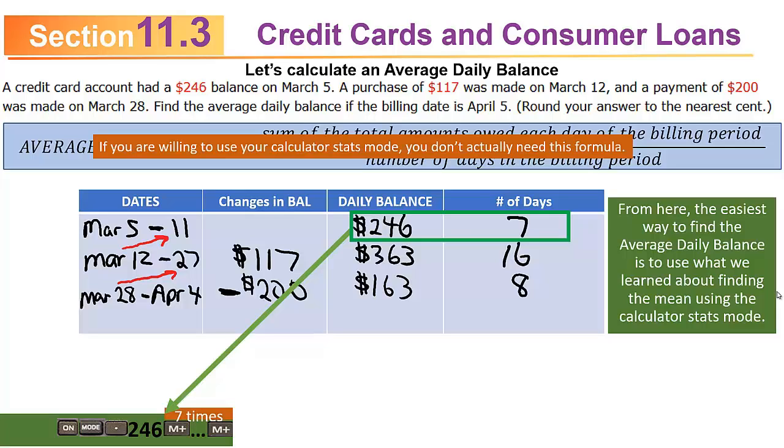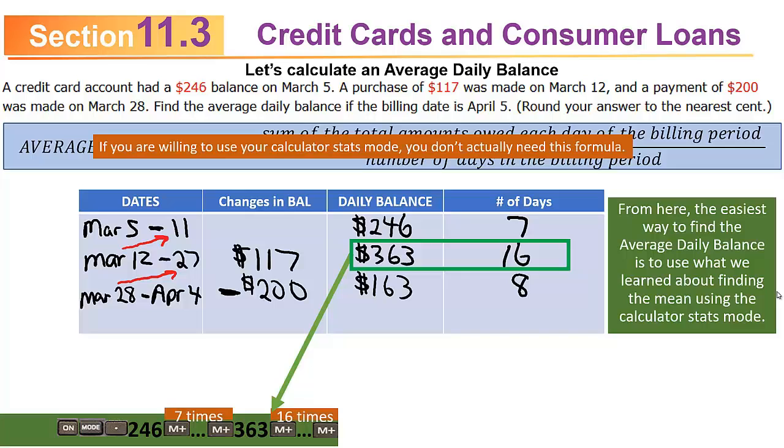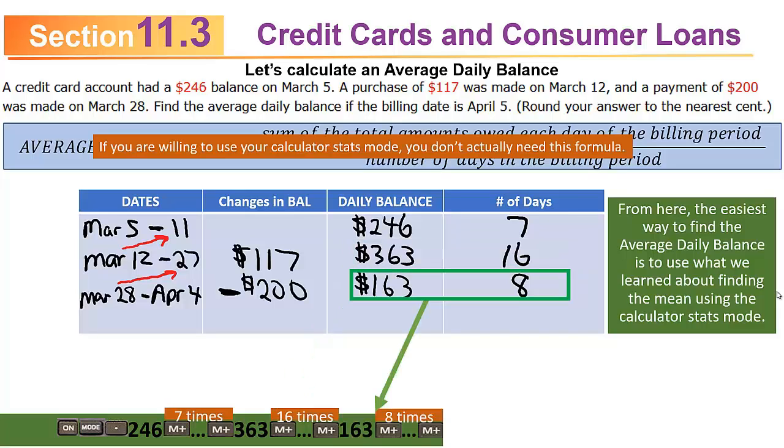So the $246 goes in 7 times because it was valid for 7 days. And then you move to the next one. The 363 was valid for 16 days, so you type 363 in and hit M plus 16 times. And finally, $163 was valid for 8 days, so you type in 163 and you press M plus 8 times.